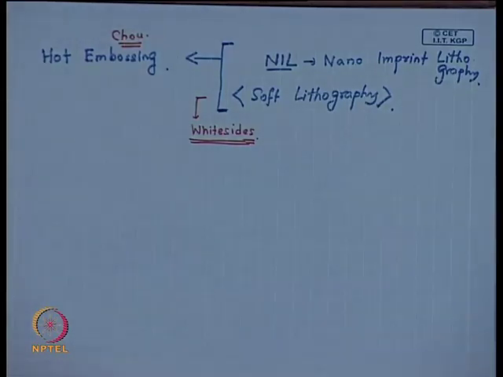In the next 2 or 3 classes, we will be discussing in detail some of these techniques, and I am sure that as compared to photolithography, once you listen to these methods, you will find how amazingly simple they are, and even in a high school laboratory you can implement some of these techniques with ease. I will try to give you some hands on examples, which all of you can actually try out. Okay.